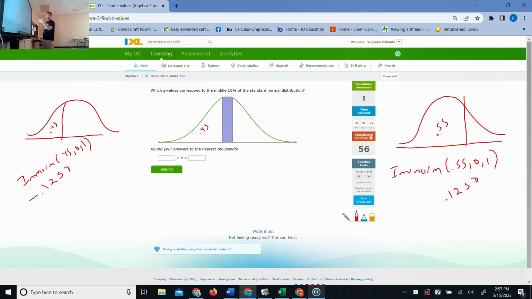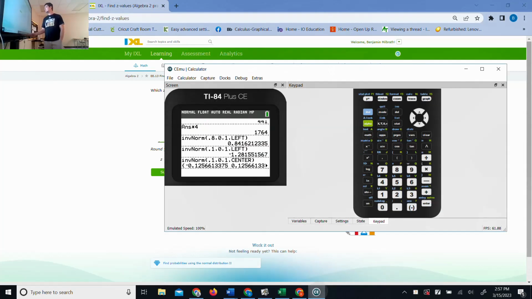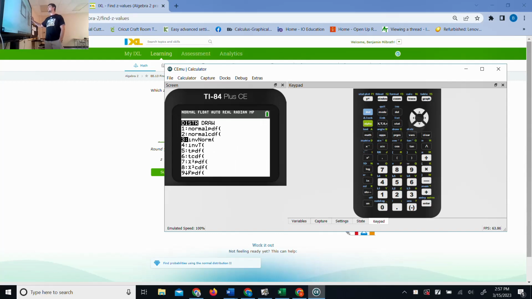These are usually the same with the exception of the sign, by the way. That was kind of the shortcut we always used to teach back in the day. Bump it up to level 5, the outside 10%. On a new faceplate, that's super simple. Second, vars, inverse norm.